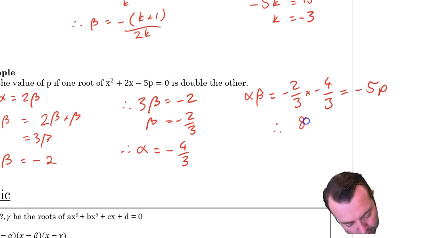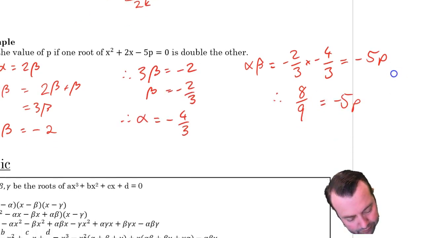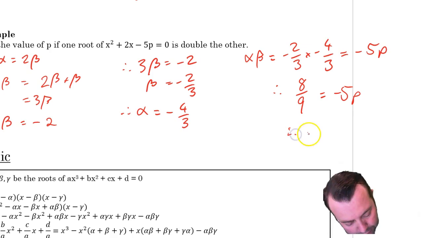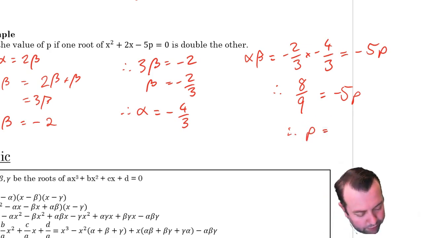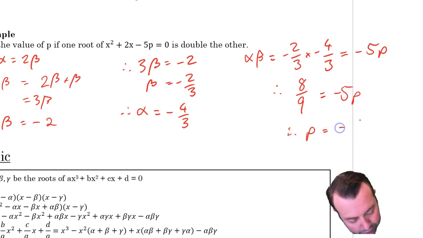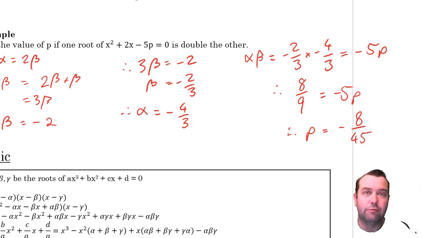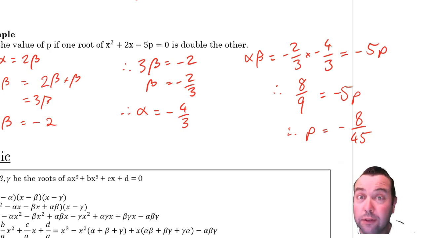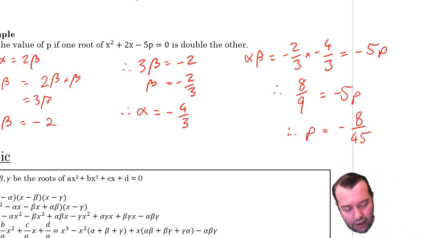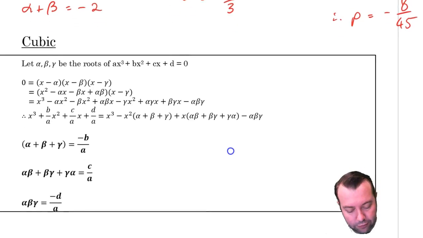Therefore, 8 over 9 equals negative 5p. Therefore, p equals, dividing both sides by negative 5, negative 8 over 45. Rightio, solved. Be careful that you answer the question. I very nearly stopped there after finding alpha and beta, the 2 roots.